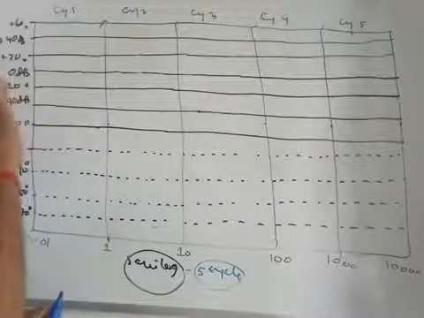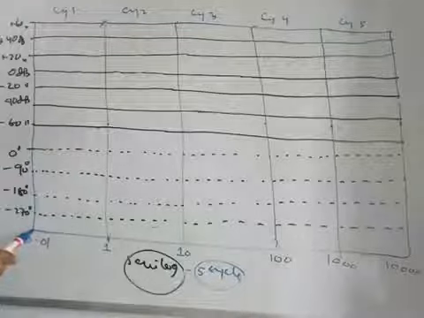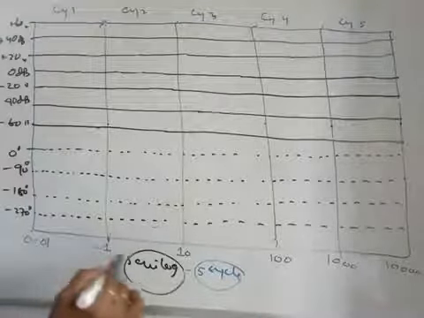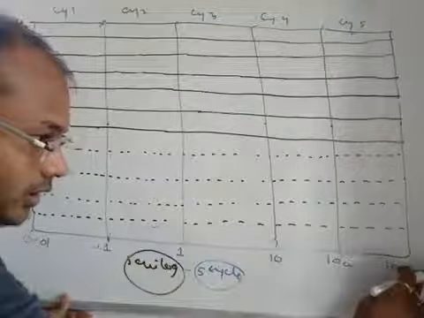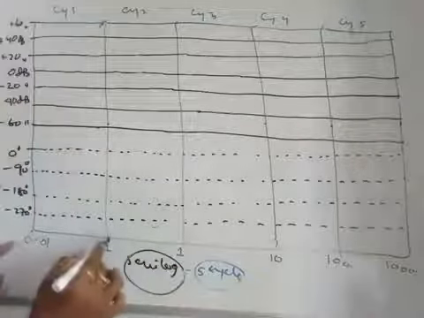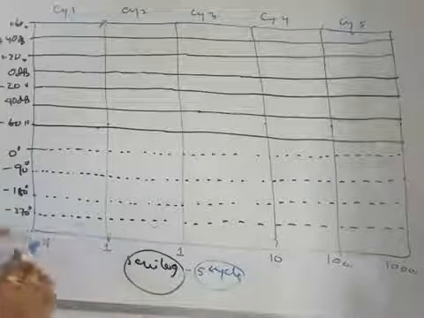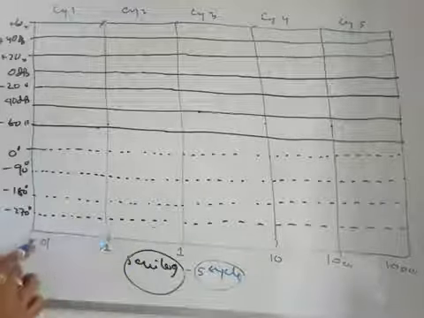If you treat this value as 0.01, say the initial value is 0.01, the next value will be 10 times that. So if this is 0.01, this will be 0.1, that is 10 into 0.01.